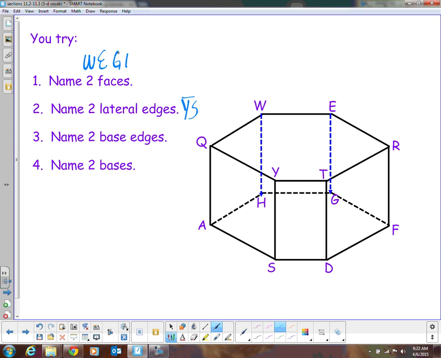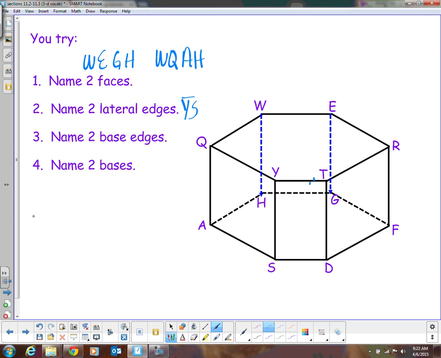WEGH, that is a lateral face. It's that back part. Can someone name another one? WQAH, that would be this one there. You could have done this one or that one. The top, well, the top is not a lateral face. It's a base.